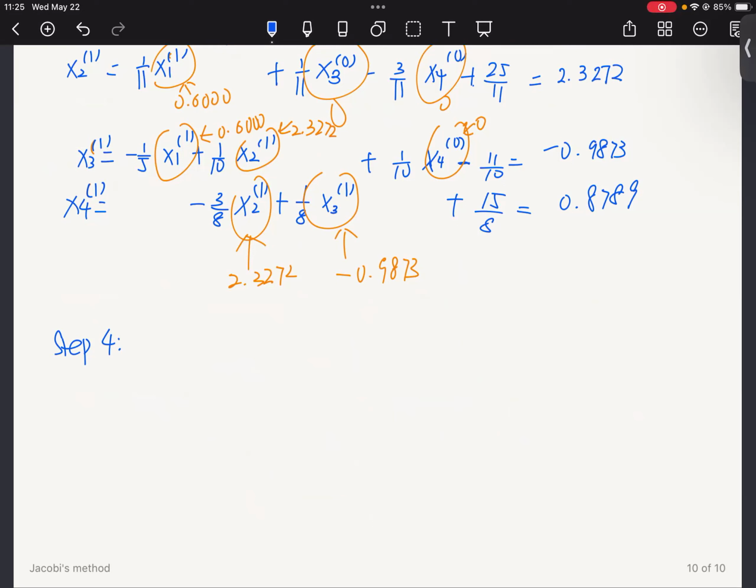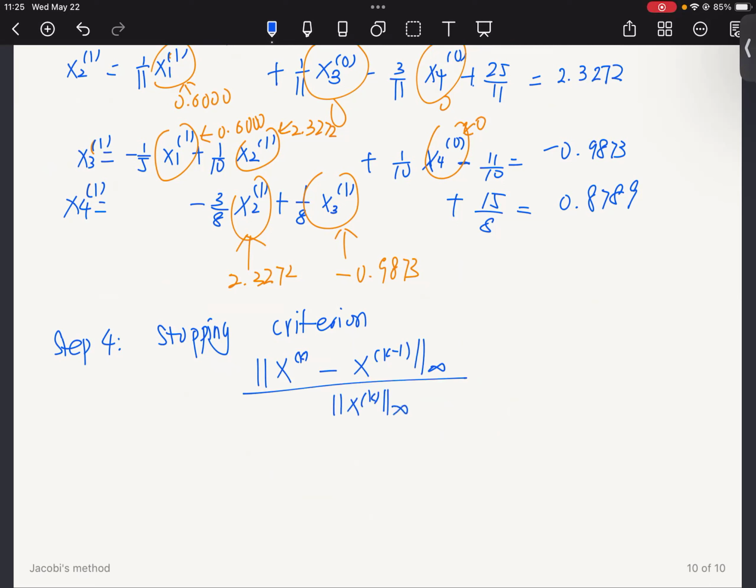For this question, in the question statement, there is a stopping criterion: the relative difference, the infinity norm of xk minus xk minus 1, over the infinity norm of xk, smaller than 10 to the negative 3.